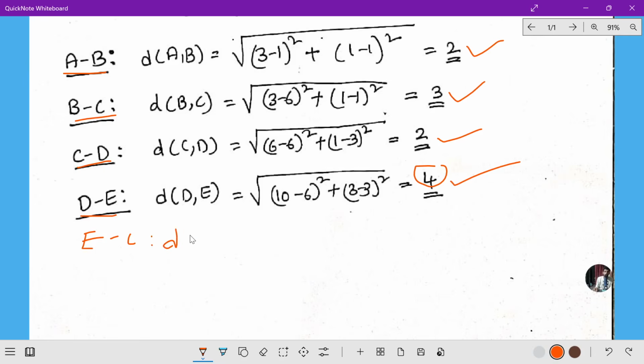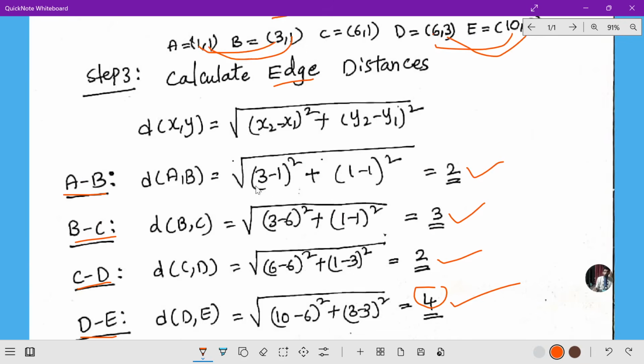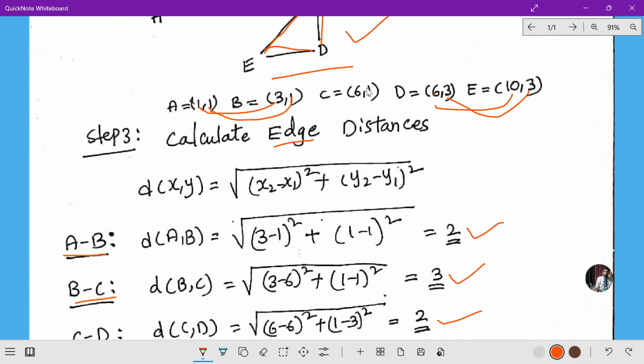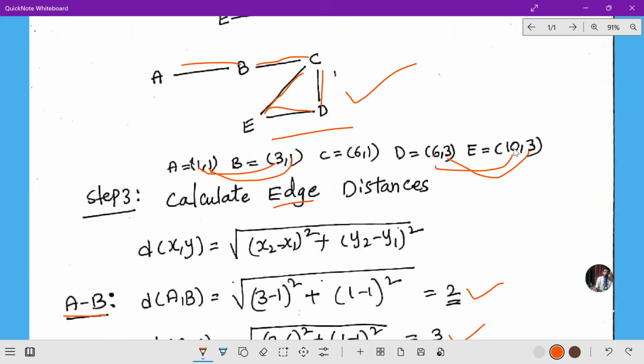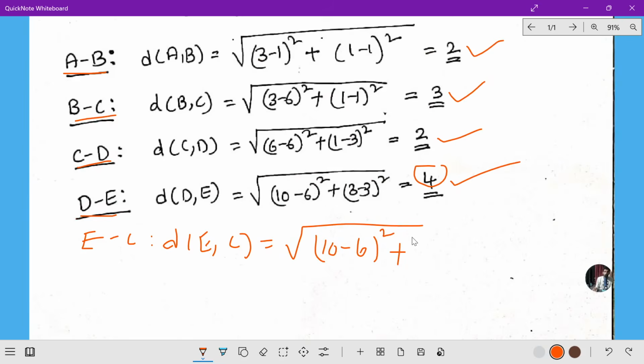This is E and C. This is equal to EC. So what is the value of E? E values are 10 minus 6, 3 minus 1. 10 minus 6 whole square, plus, so this is E to C, 3 minus 1 whole square.